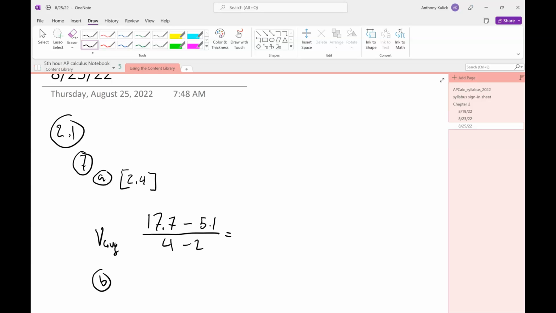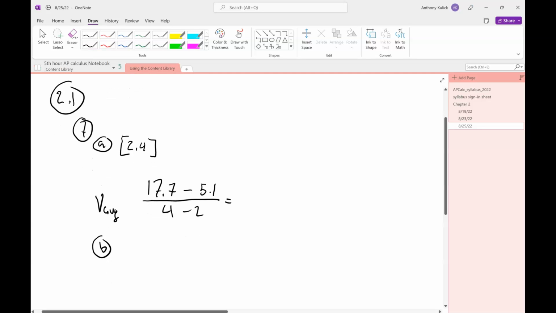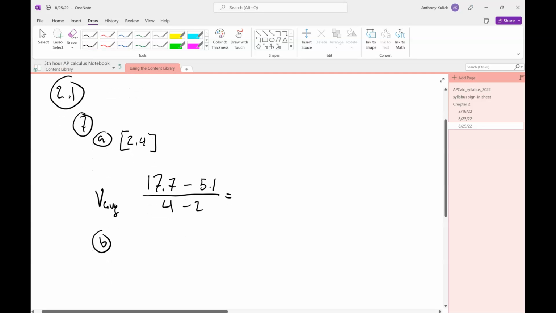Then it says, use the graph of s as a function of t to estimate the instantaneous velocity when t is equal to 3. So there's a couple of different approaches you could make. I'll tell you what I think would be the obvious one and the one I assume the authors would intend: I'm going to take the 2 average velocities that are closest to 3 and then take the average of those 2 results.